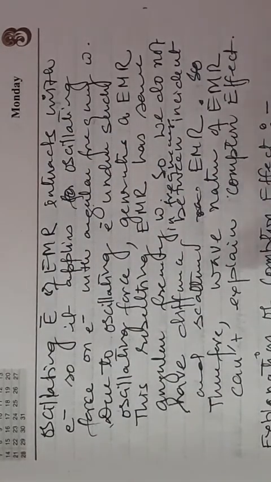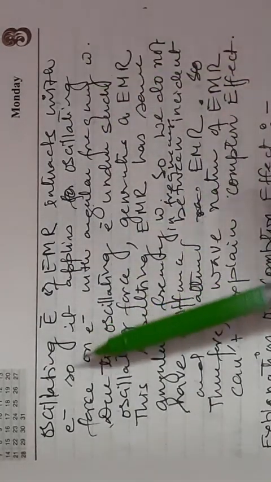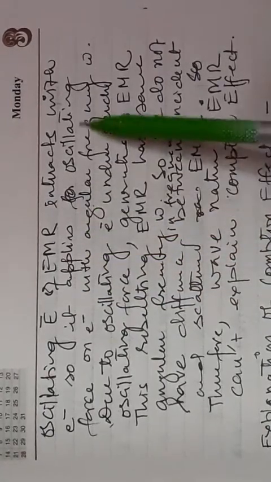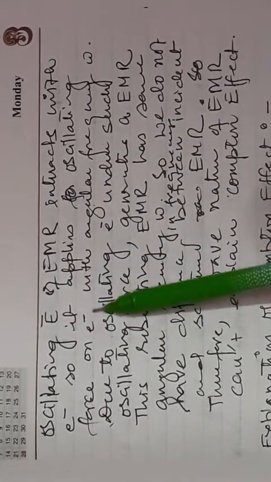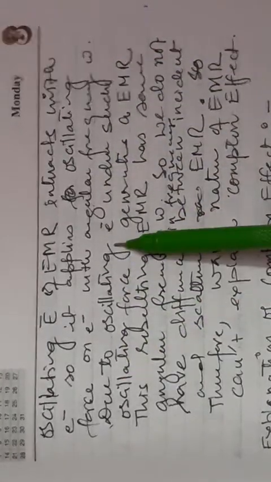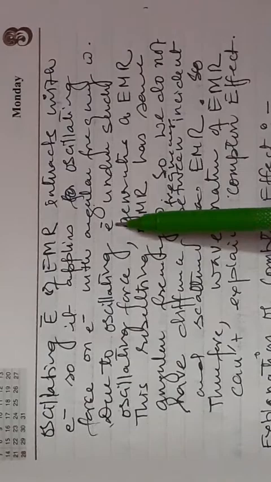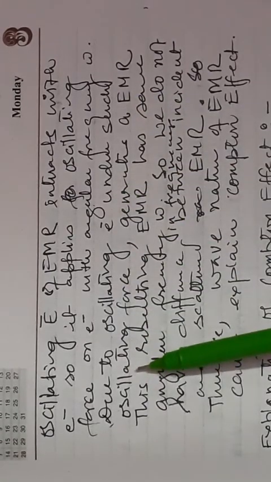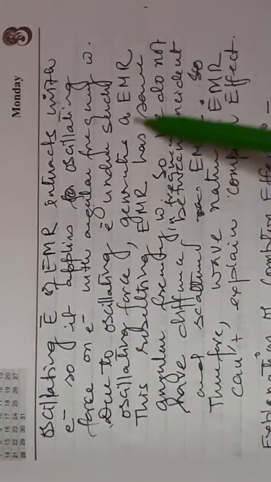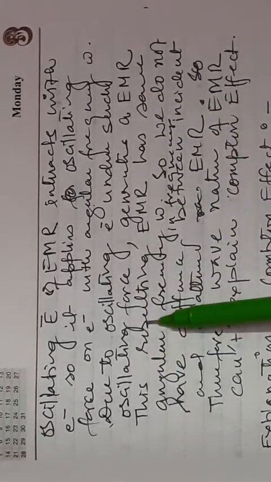The oscillating electromagnetic radiation interacts with the electron. It implies an oscillating force on the electron with the angular frequency omega. Due to the electron oscillating under such force, it generates electromagnetic radiation.